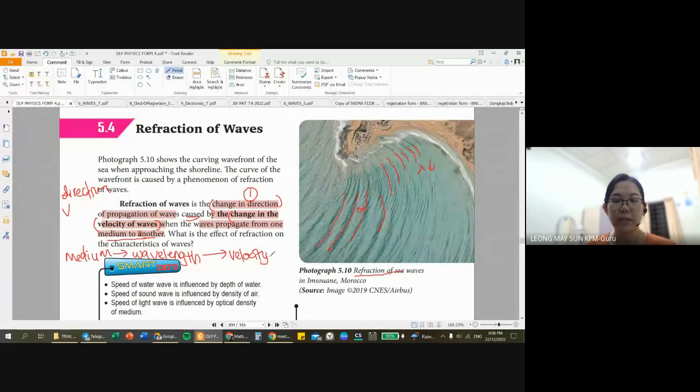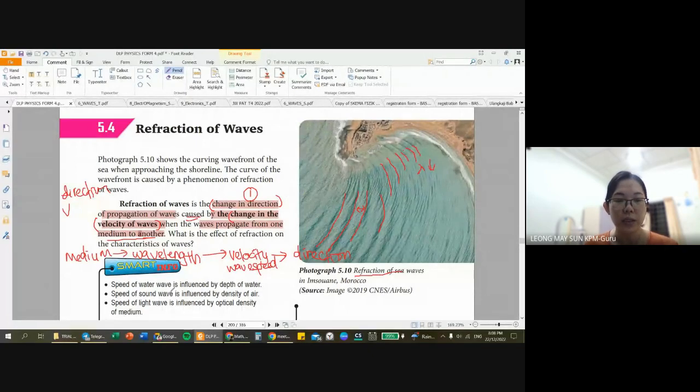The wave speed actually changes, velocity or the wave speed. And finally, this wave speed also causes the direction to change.